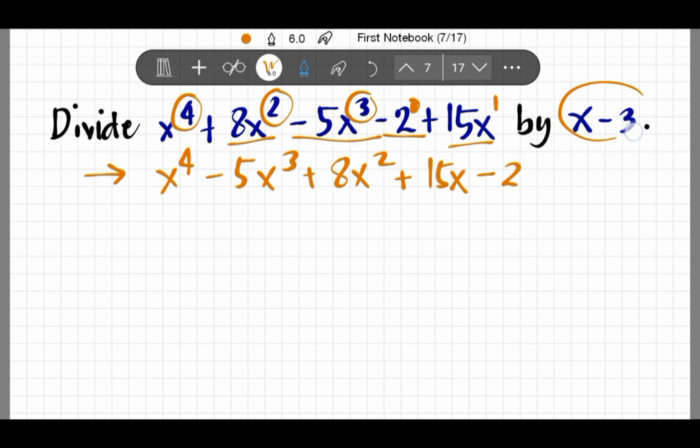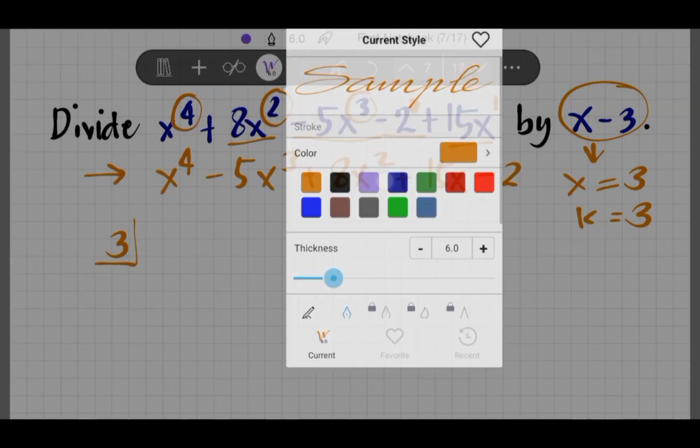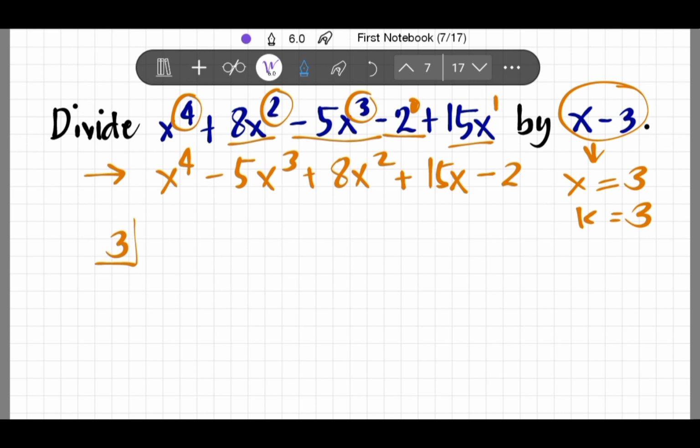So based from the given divisor, you can conclude that x is equal to positive 3. So k will be equal to positive 3 also. So let's write here 3 or positive 3. And then let's identify the numerical coefficients or simply the coefficients of the given dividend written in standard form.